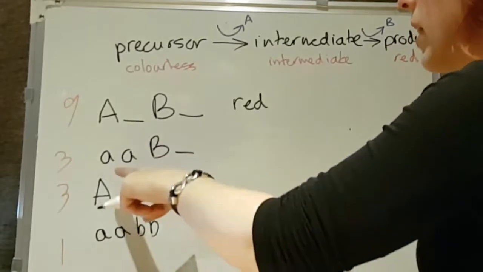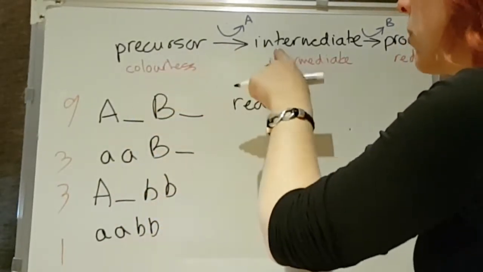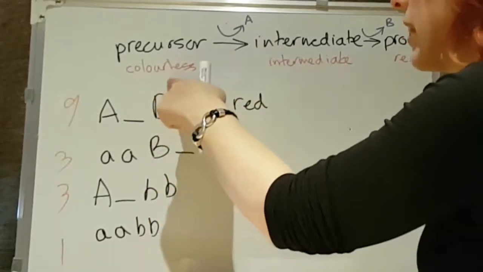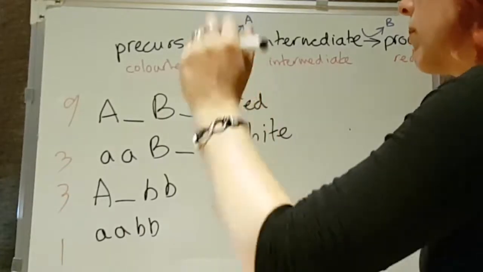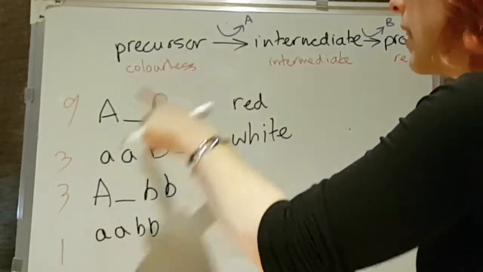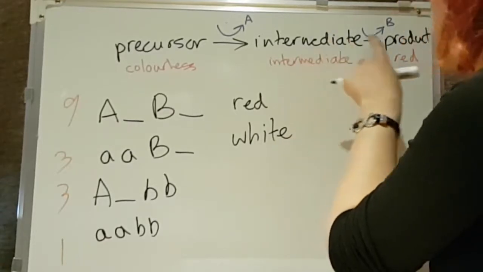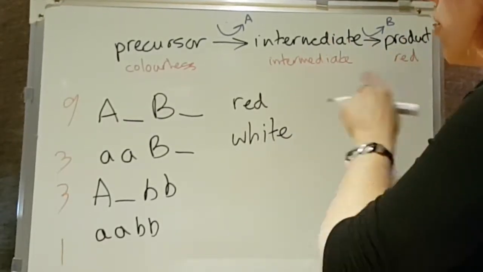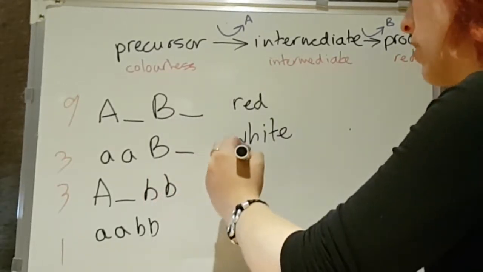Okay. If you have the recessive trait at A, then no intermediate is produced, so they're colourless. So if we're looking at flower colour, then they'll be white. We have the dominant allele here at A, so the intermediate is produced, but the product is not because the recessive condition is at B. So these are also going to be white.